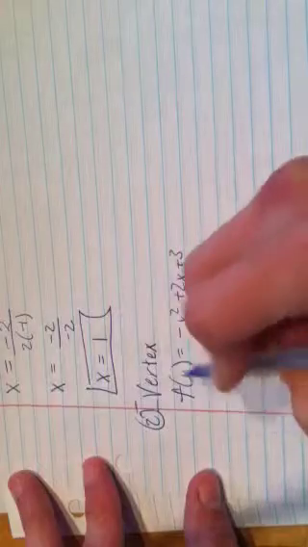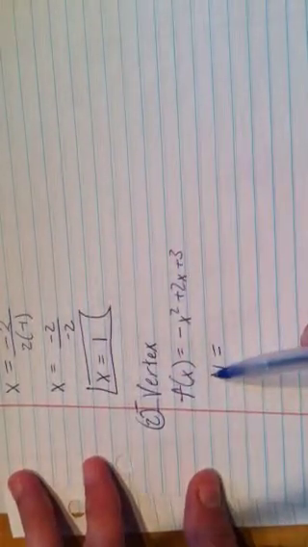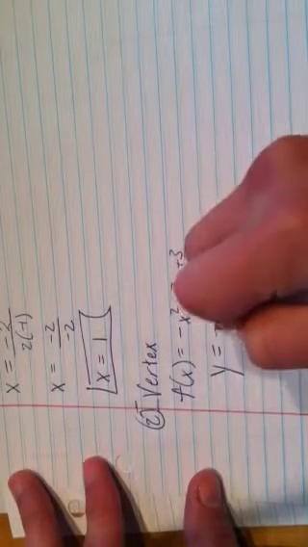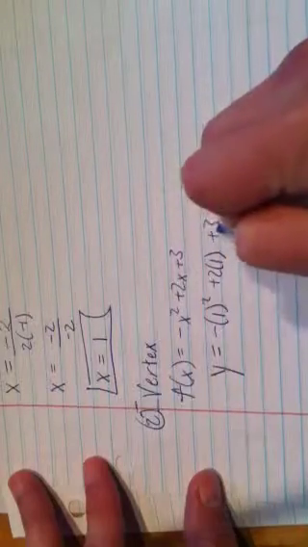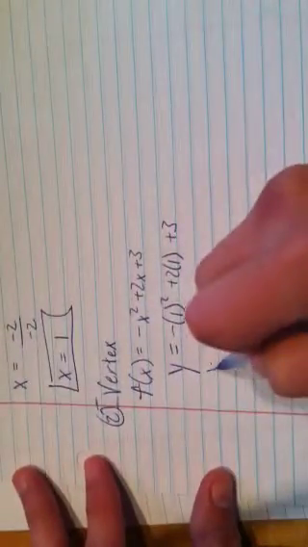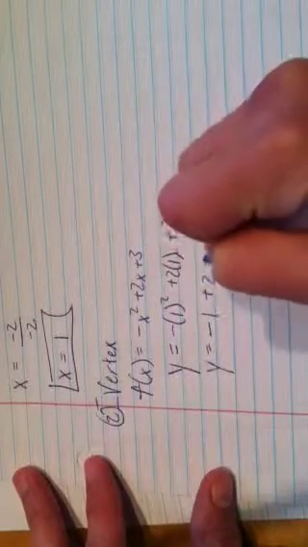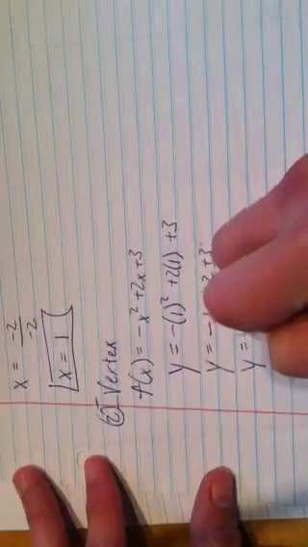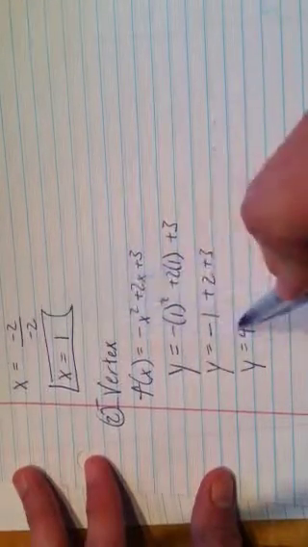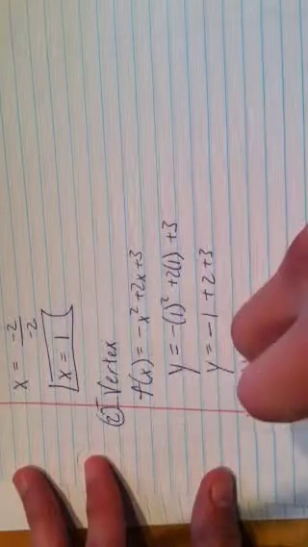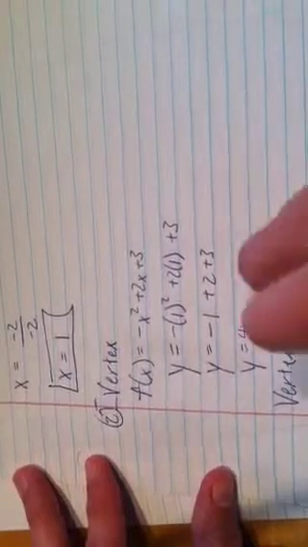I'm just going to plug in the 1, so y, because f of x is the same thing as y, will be negative 1 squared plus 2 times 1 plus 3. So y will equal negative 1 plus 2 plus 3, so y is 4. So putting the axis of symmetry and this y value together, we have that the vertex is at 1, 4.